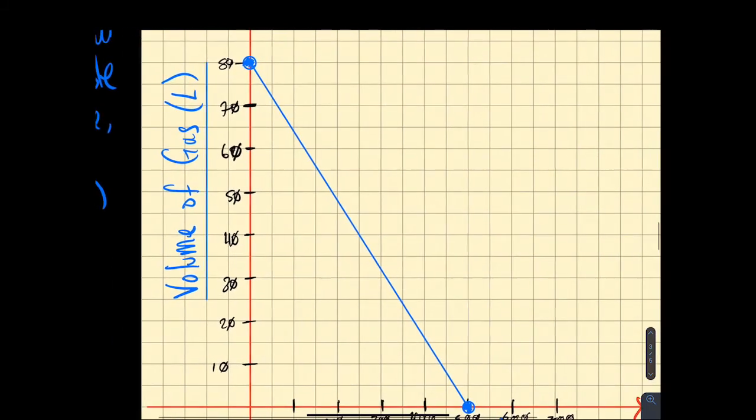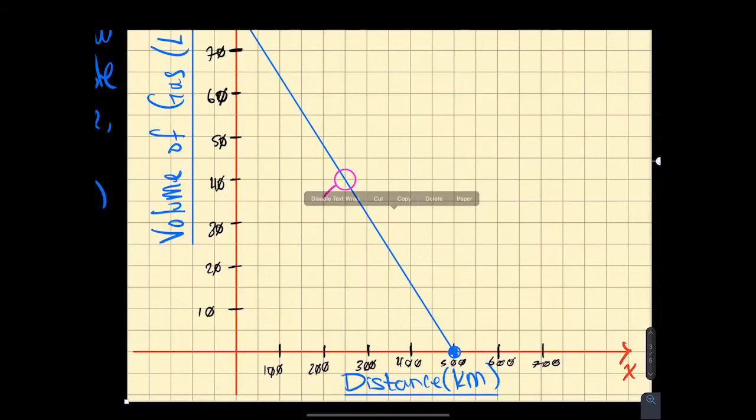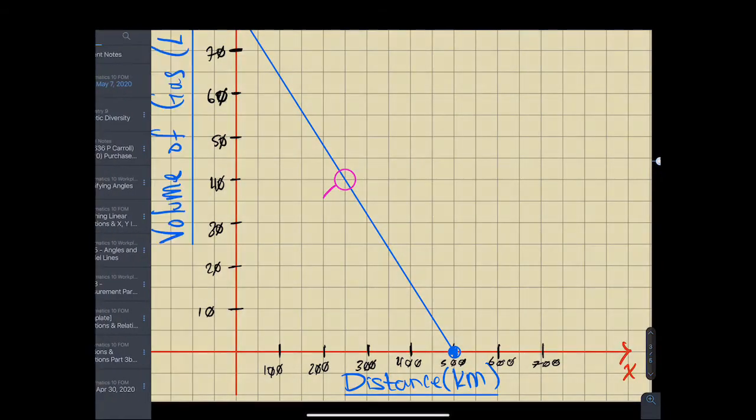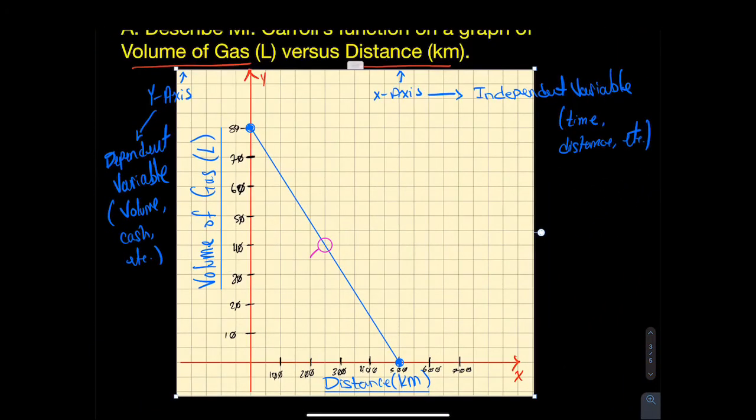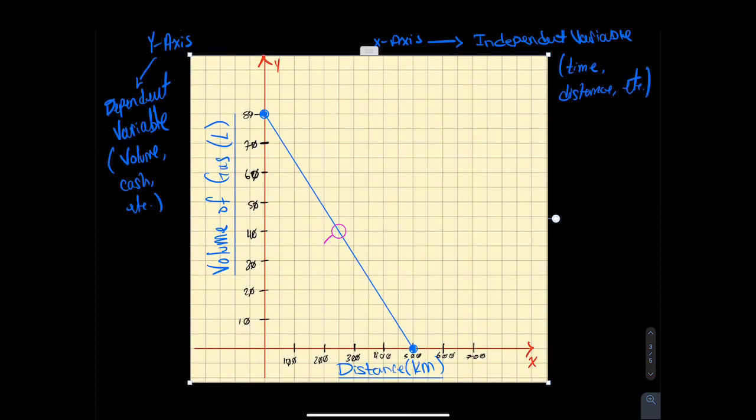Looking at this right now, I can see that this point right here matches up really well. Let's label this point.